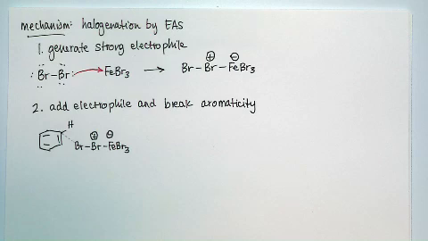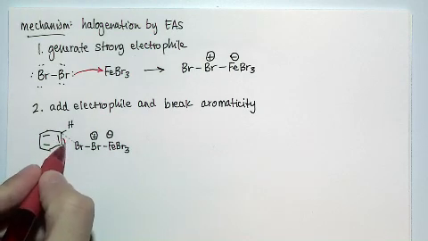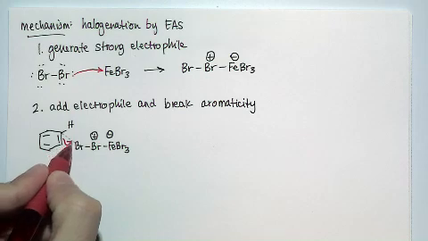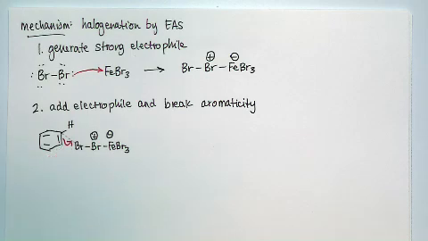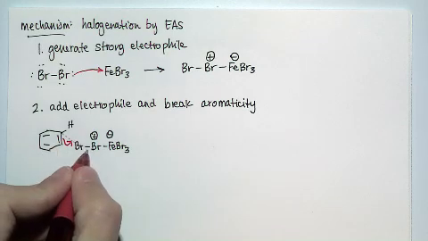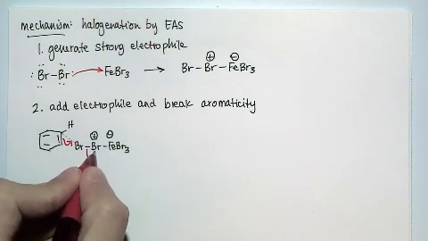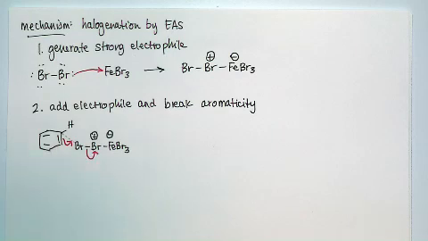And the electrons we're going to use to make it come from the pi bond here. So I'm going to draw an arrow like that, and like that.